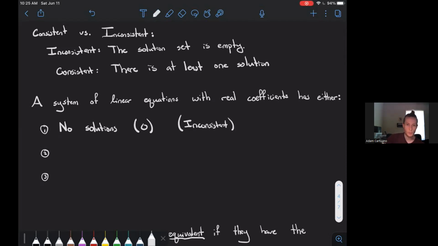But you could also have one unique solution, which is actually the example that we saw previously. This would be the case where, hey, at least one solution counts. So this is consistent.